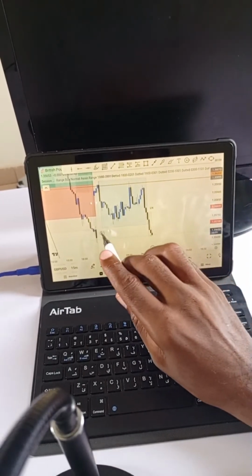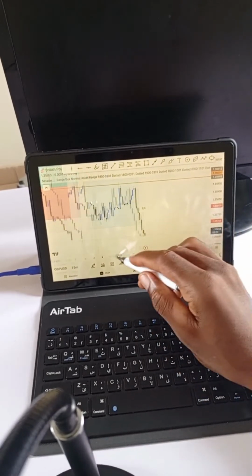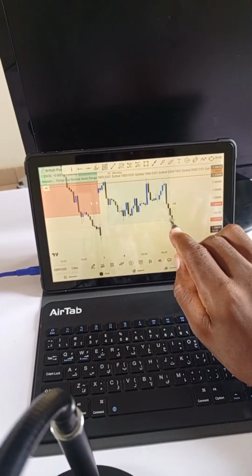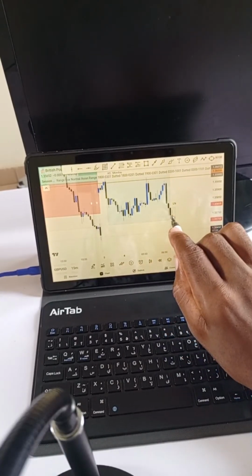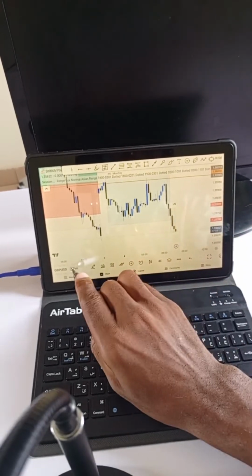So you see, price came to this zone and started giving us rejections. If you notice, this candle rejected, this one rejected, and now the 15-minute trader had to enter from here because he had a 5 minutes engulfing candlestick.